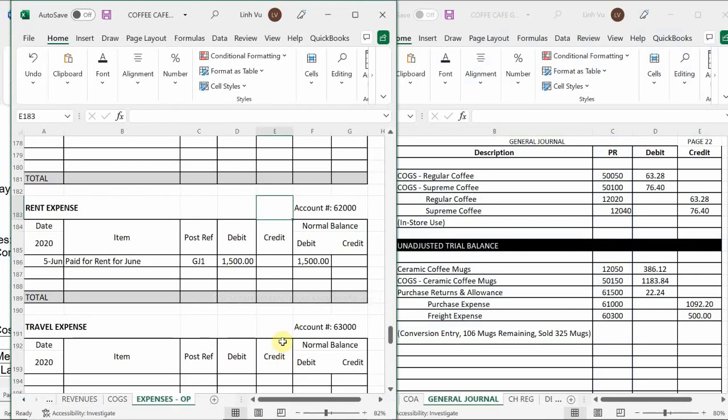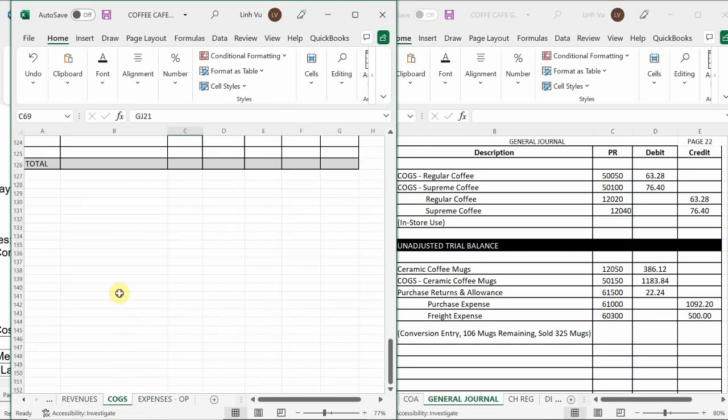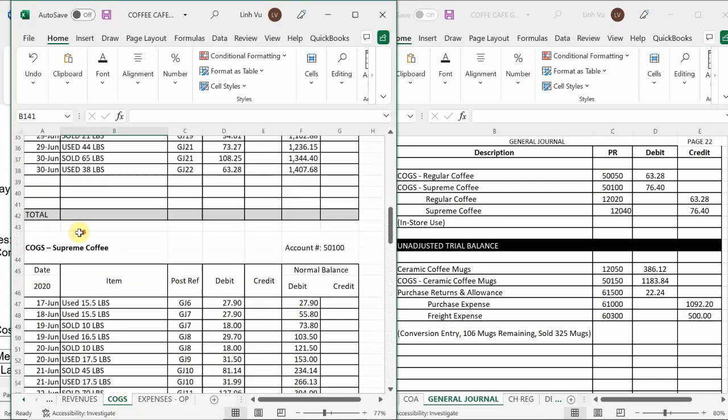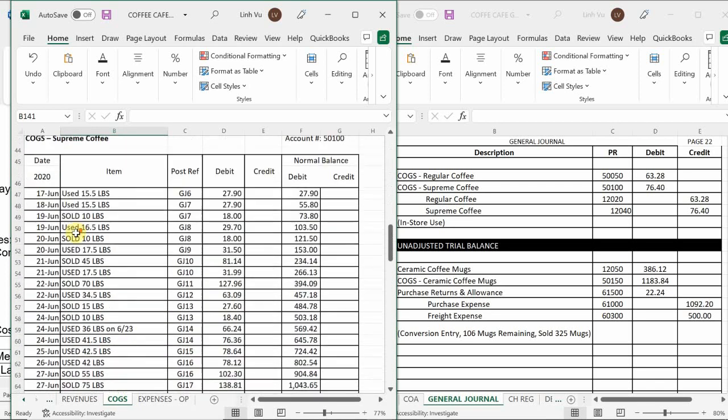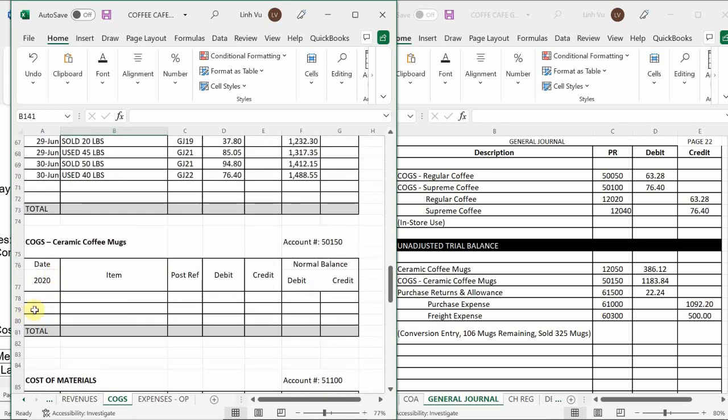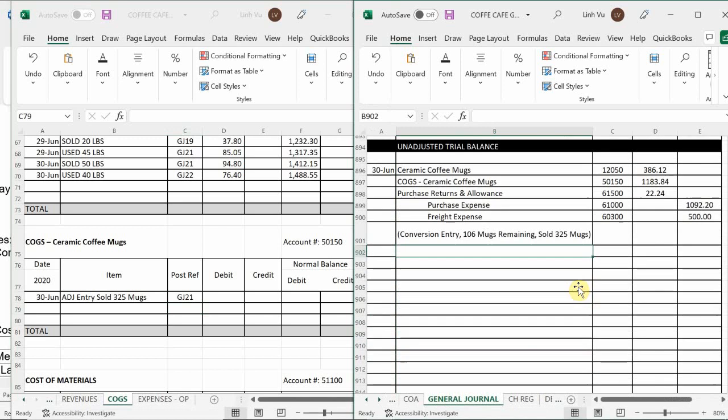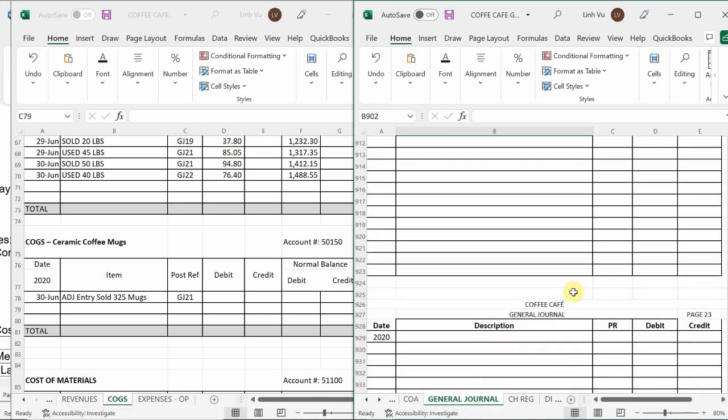So in this case, cost of goods sold for the ceramic coffee mugs. You could say this is an adjustment entry, and that you sold a total of 325 mugs. We are on journal number 21, I think. 22. Oh, yeah, okay, we're on 22.